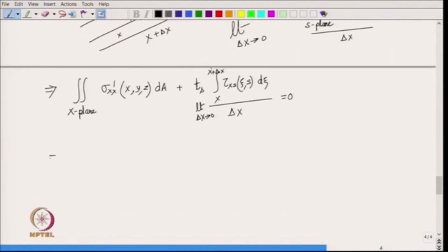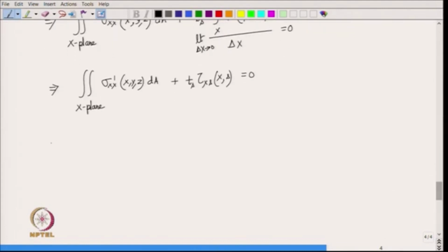So, finally, we have integration over the x plane sigma x x prime of x y z dA plus T s into, as you can see this integral, when you work out the limit, it is simply tau x s of x comma s, and that is equal to 0.